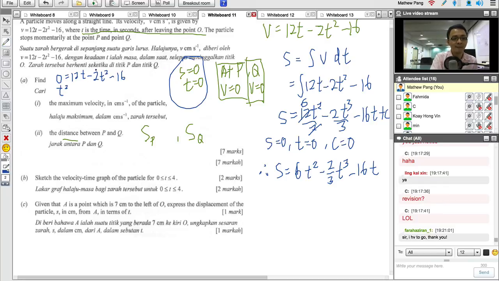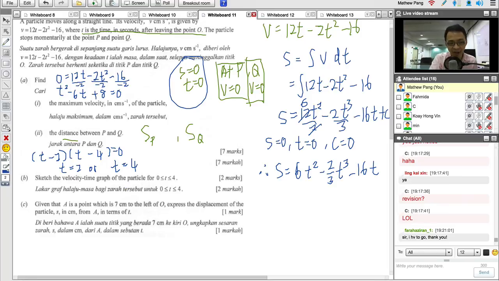So t squared, divided by negative 2, gives t squared; this one gives minus 6t; and this one gives plus 8, equal to 0. Then I factorize: t minus 4 and t minus 2. So t equals 2 or t equals 4.